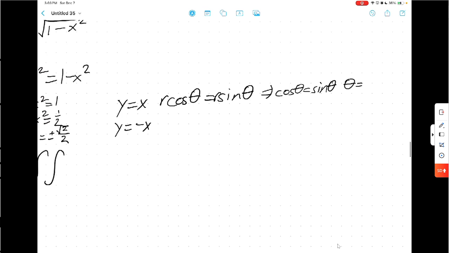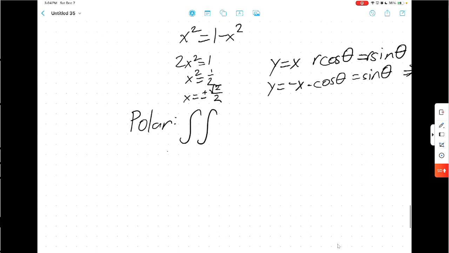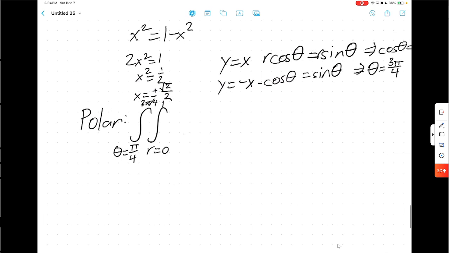So therefore, theta is equal to pi over 4. And then for the other one, you get negative cosine theta equals sine theta, and this occurs at theta equals 3 pi over 4, between 0 and pi. So theta goes from pi over 4 to 3 pi over 4, with r going from 0 to 1 because of the unit circle.